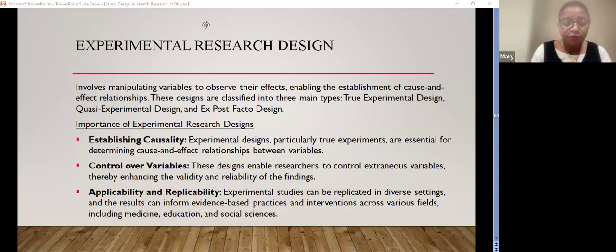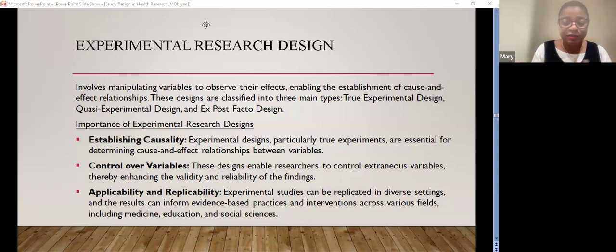During the COVID-19 pandemic, we have Pfizer, we have so many vaccines. Before they could say this is approved, clinical trials were carried out. Experimental research was conducted, and from the findings, they could say, yes, this caused this. This is safe, this is effective, and this is the level of effectiveness.